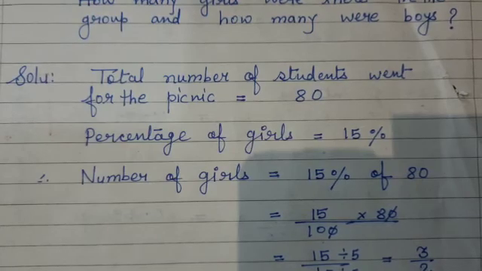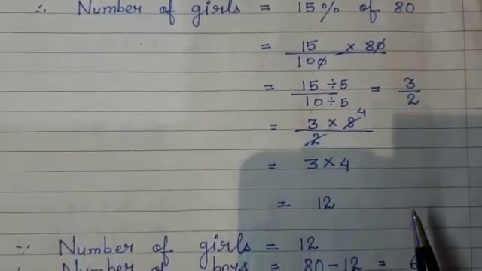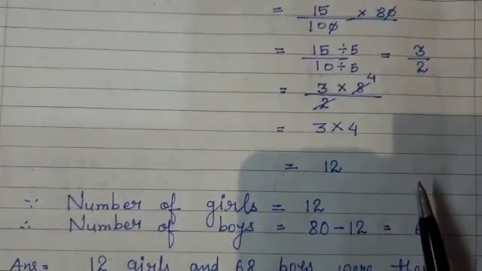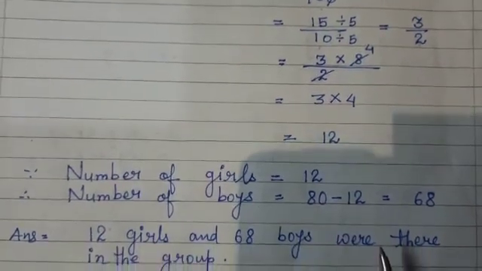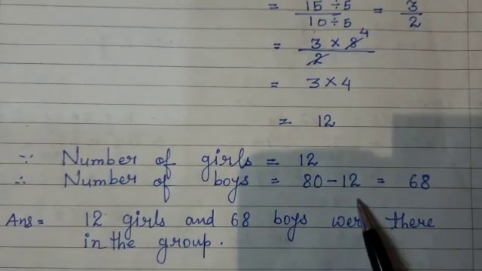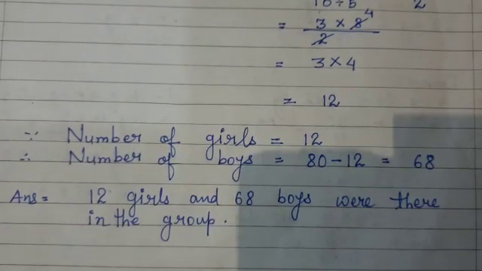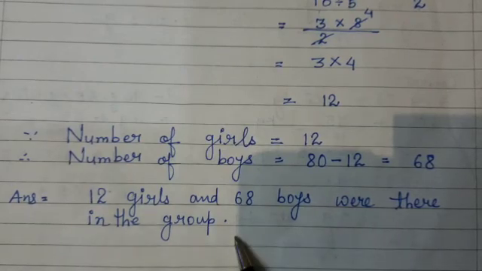Finally it is 3 into 4. Therefore it is 12. This 12 is in fact the number of girls. We can find out now the number of boys. Number of boys is equal to 80 minus 12. That is 68. Therefore we can conclude the answer. 12 girls and 68 boys were there in the group.